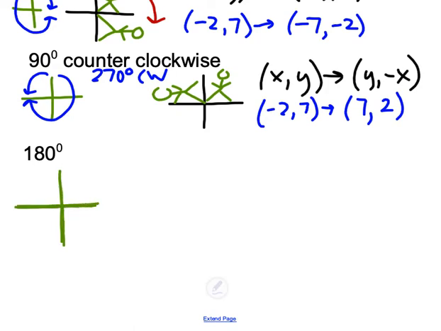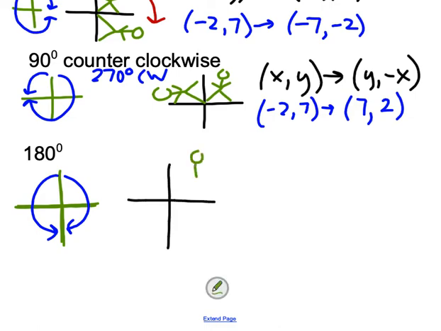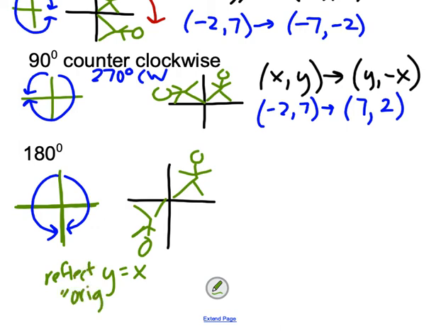I got distracted, sorry. 180 degrees, it's just that way or that way. So counterclockwise and clockwise doesn't really matter. If you're going to draw the little picture of the little guy, it's maybe going to look familiar to you, in that it's going to end up right there, which is the same thing as when you were reflecting over y equals x, or sometimes people will call that around the origin.